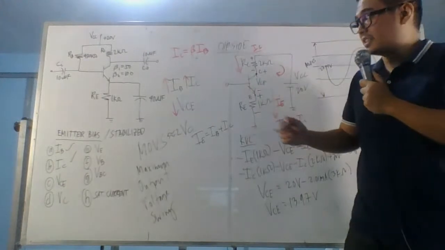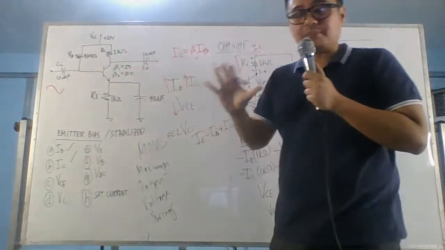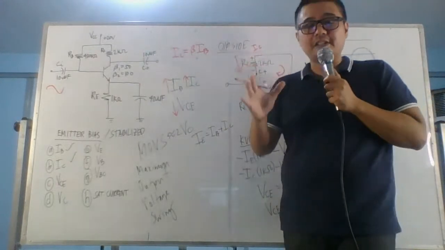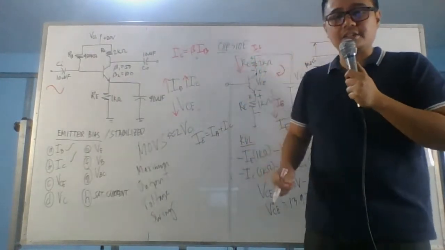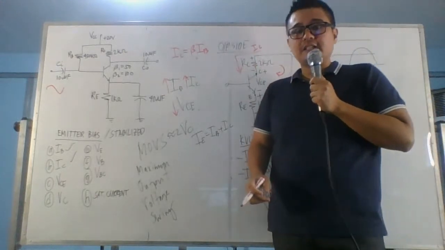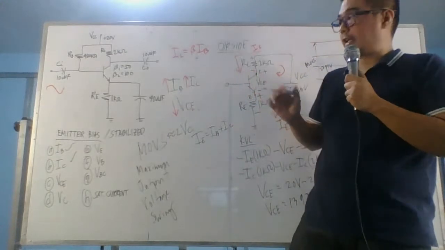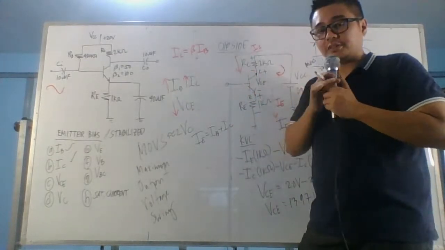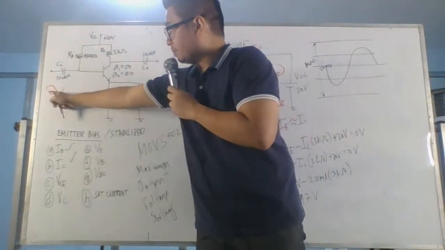Ang input natin is AC. Diba? It changes periodically. That's why it's called a periodic oscillation. So anyway, I think napag-aralan nyo naman to sa physics 2 tsaka sa electronics 1 or sa circuits 1. Yung property ng isang sinusoid. So I don't have to expound on that anymore. So anyway, ito yung input natin.